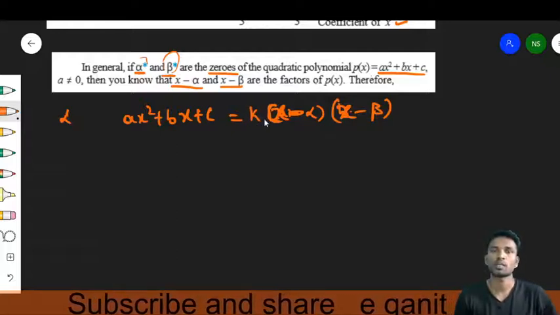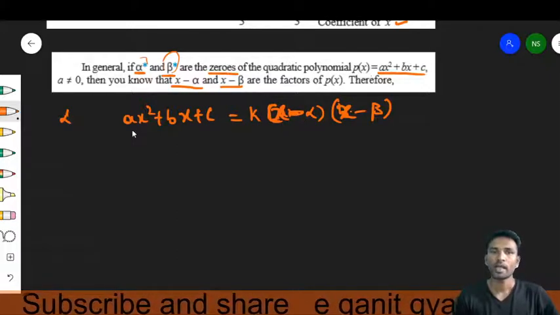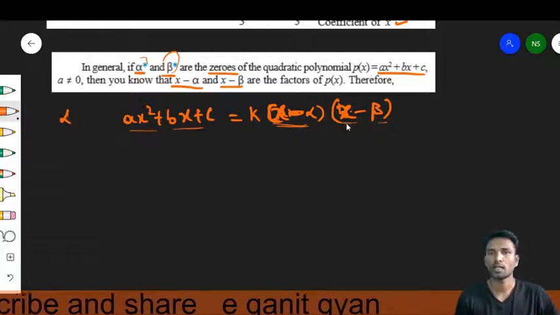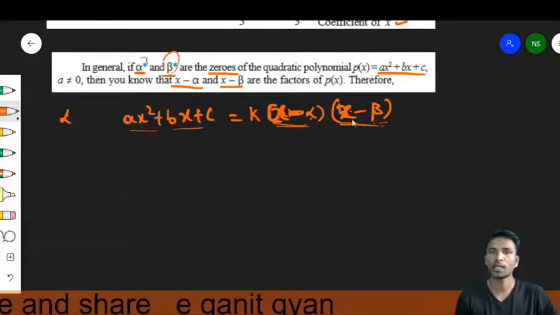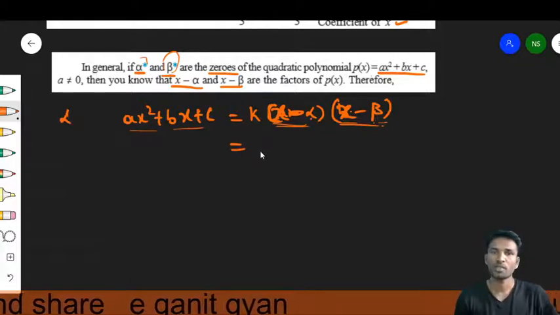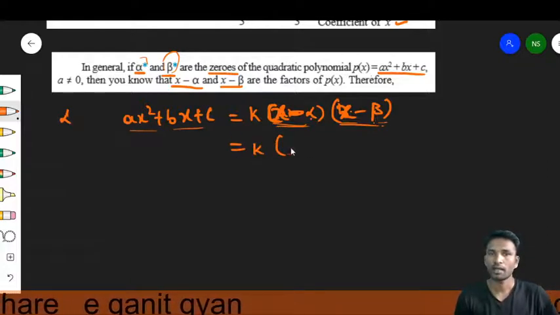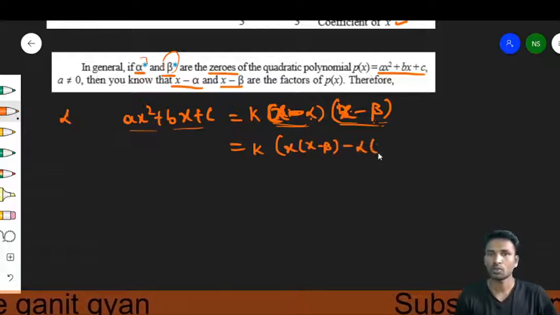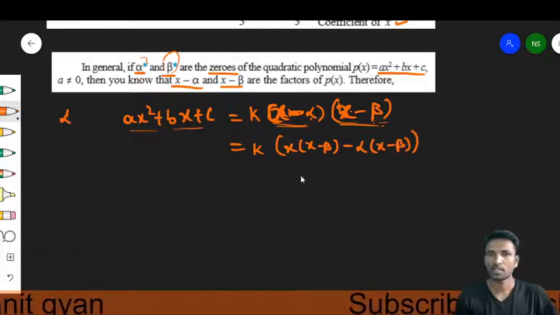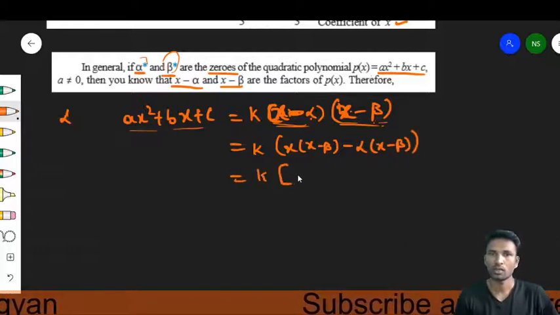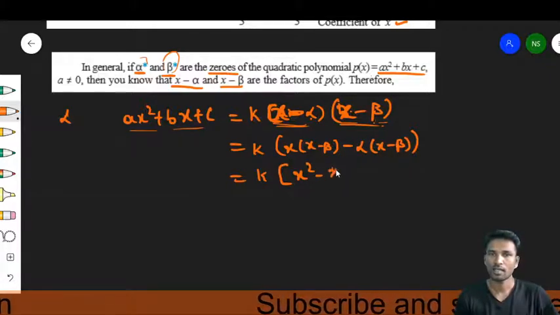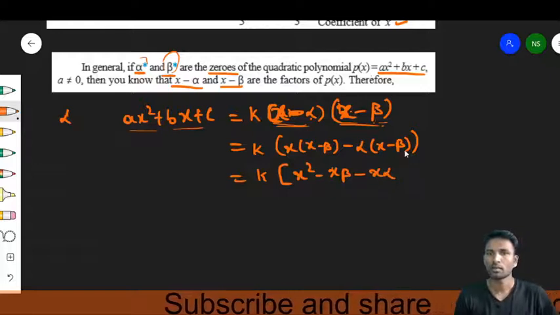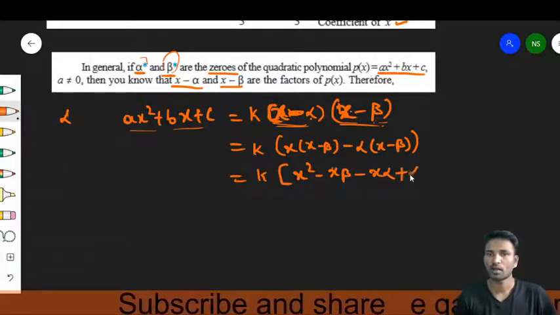It might be 1, 2, 3, minus 7, minus 5, any number. I can write a quadratic polynomial as a product of two linear polynomials, where alpha and beta are my zeros. If I simplify this, k into x into x minus beta minus alpha into x minus beta, I will get k into x square minus x beta minus x alpha plus alpha beta.